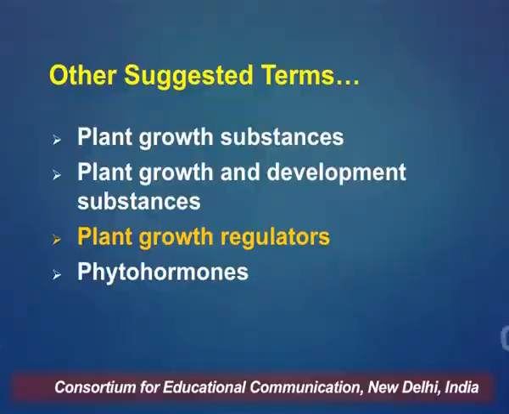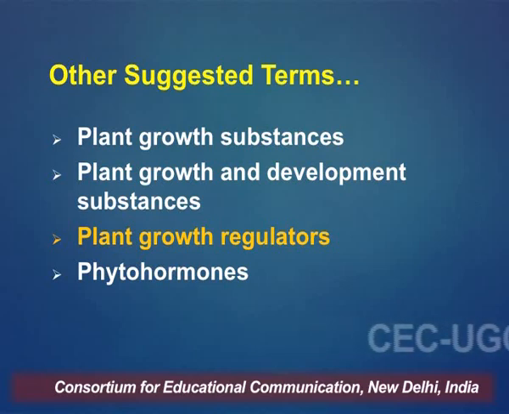So some of these contradictory observations made by Trewavas made the scientific community think whether plant hormone is the correct term that should be used for these kinds of chemicals, or we should give some new term, and therefore various other terms were given, like plant growth substances, but this term was not widely accepted because of the vague term substance used in this terminology.